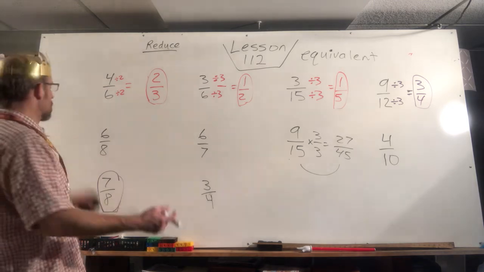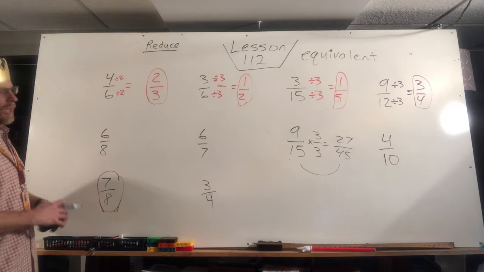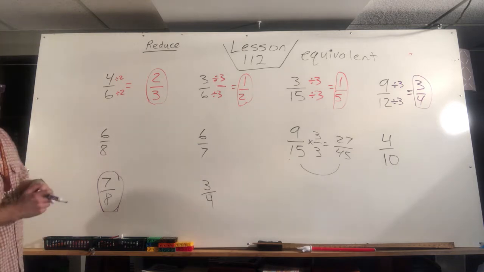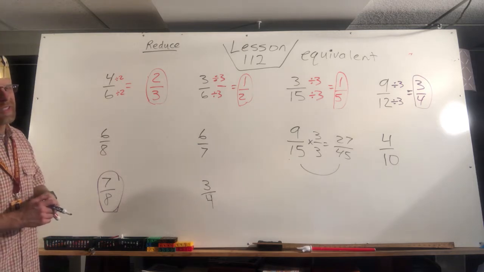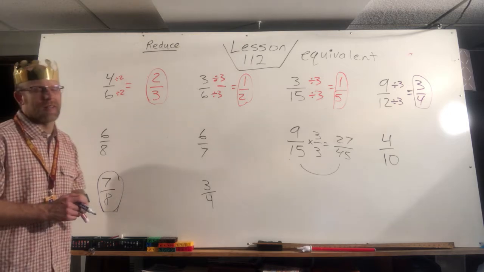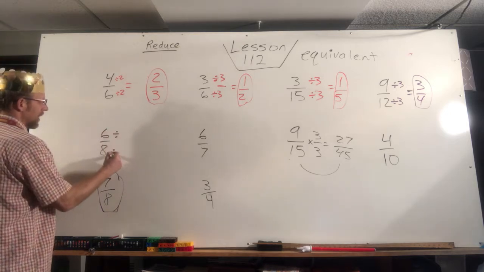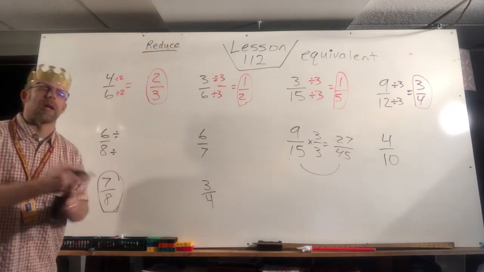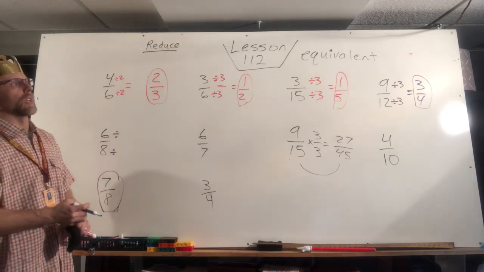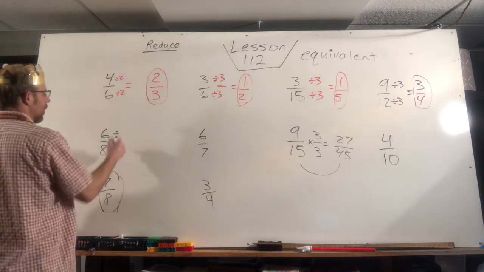So let's try 6/8. I start by saying, can 6 go into 8 evenly? No, it cannot. So then I need to divide by something. What can I take out of that? Oh, okay, 6. What else is there in 6? A 2. Oh no, let's do a 3.